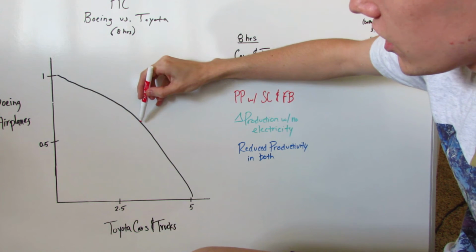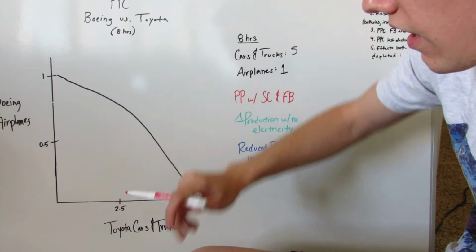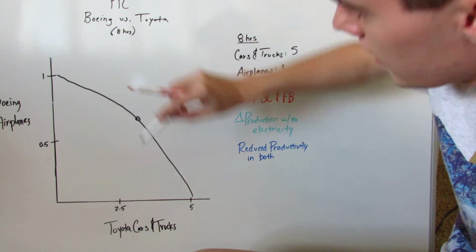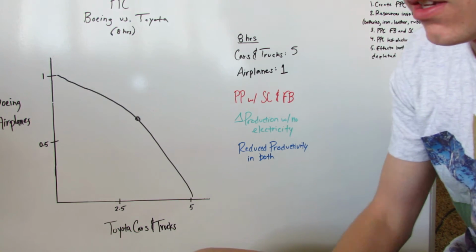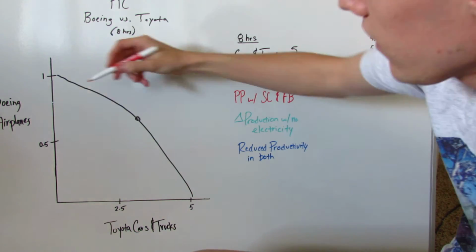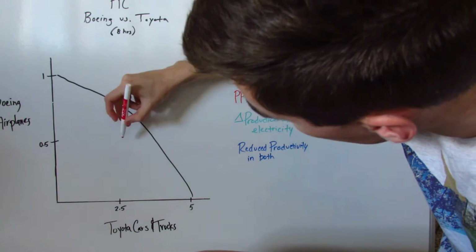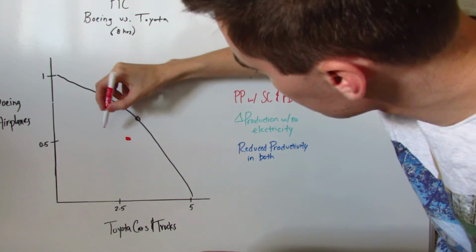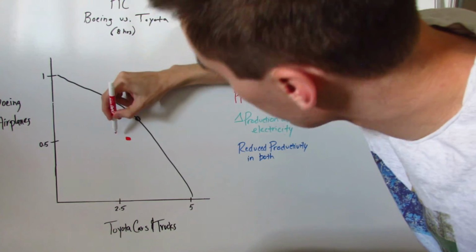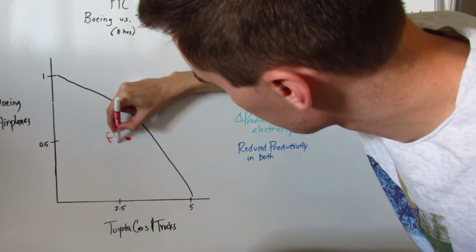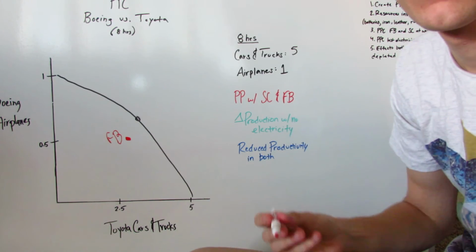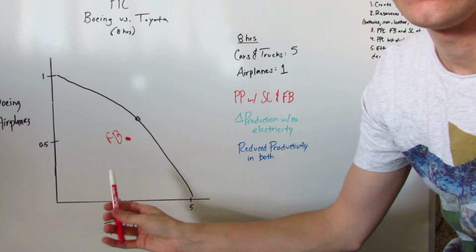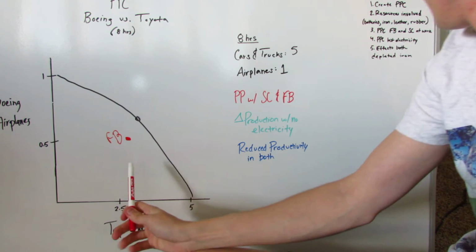So instead of reaching, say, a production possibility point over here, at maximum efficiency, what we'd have in this case is probably something along the lines of that. And we'll call that the production possibility of Facebook. That's the production possibility, or one of them, if we have employees who are not paying attention.